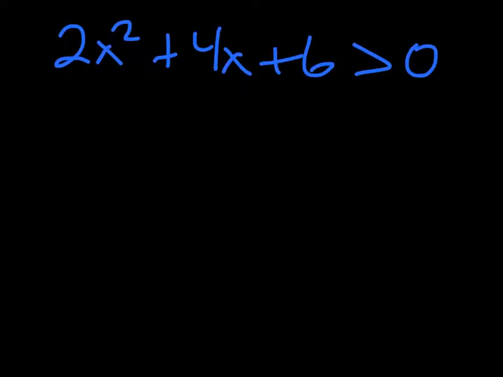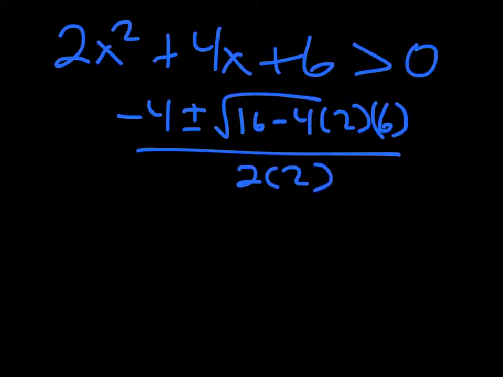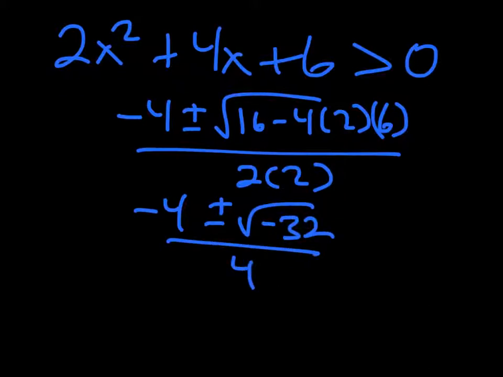If I do my quadratic formula, because I need to find my x-intercepts, I'm going to do negative 4 plus or minus the square root of b squared minus 4 times 2 times 6, all over 2 times 2. I end up getting negative 4 plus or minus the square root of negative 32 over 4. Hopefully you're looking at this going, wait a minute, the square root of negative 32, these are imaginary numbers.